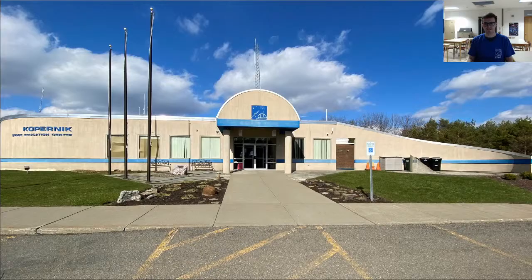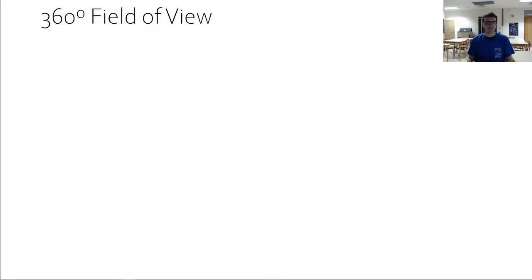Now let's talk 360. Because this is really all dependent on the type of lens that you have. So if you have a regular lens like on your smartphone, you're only going to have a certain set field of view. The same is the case for 360 cameras.